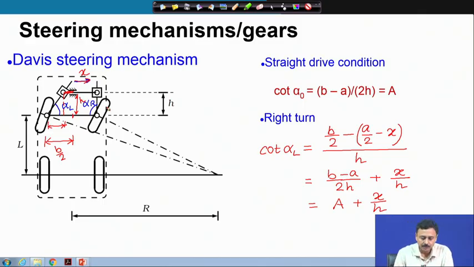In a similar manner, if you look at the right side, then cotangent of alpha r is A minus x over h. This can be very easily derived following the similar procedure. So, we have cotangent of alpha L and cotangent of alpha r. Now, what is the steering angle? So, this is the next thing that we are going to determine.